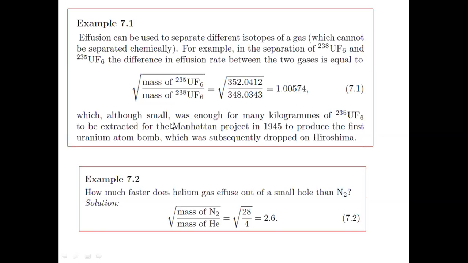Although small, this was enough for many kilograms of uranium 235 to be extracted for the Manhattan Project in 1945 to produce the first uranium atom bomb, which was subsequently dropped on Hiroshima.